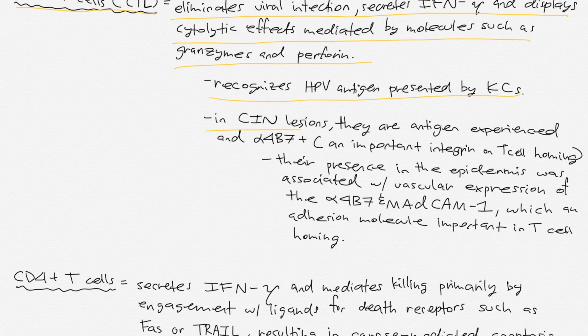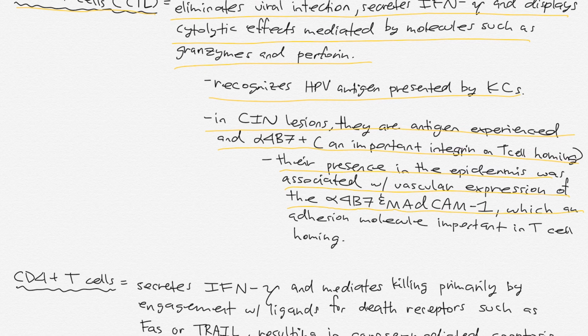In CIN lesions, they are antigen experienced and alpha 4 beta 7 positive. Alpha 4 beta 7 is an important integrin in T cell homing. Their presence in the epidermis was associated with vascular expression of alpha 4 beta 7 and MADCAM1, which is an adhesion molecule important in T cell homing.